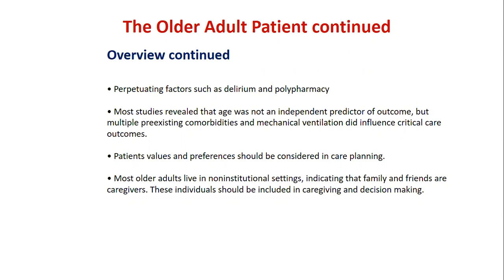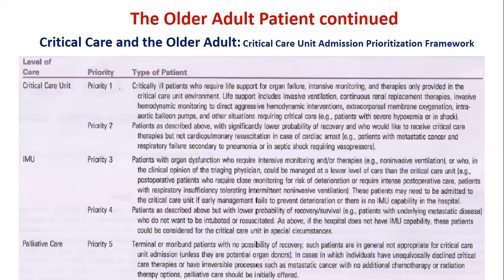So parents are the caregivers, right? Sometimes older persons stay in home care, and the nurse is the caregiver, maybe because the children are not with them. So now here we are going to focus on critical care and the older adult.